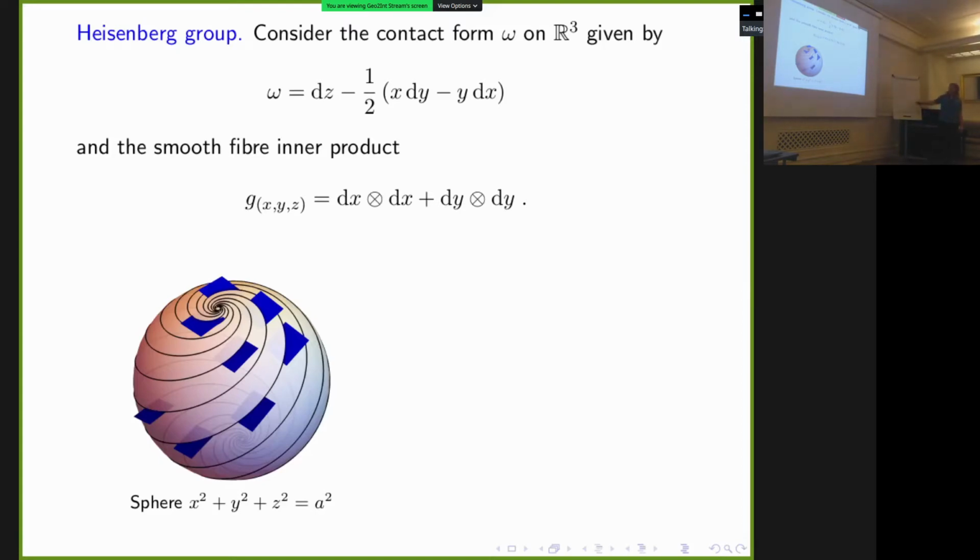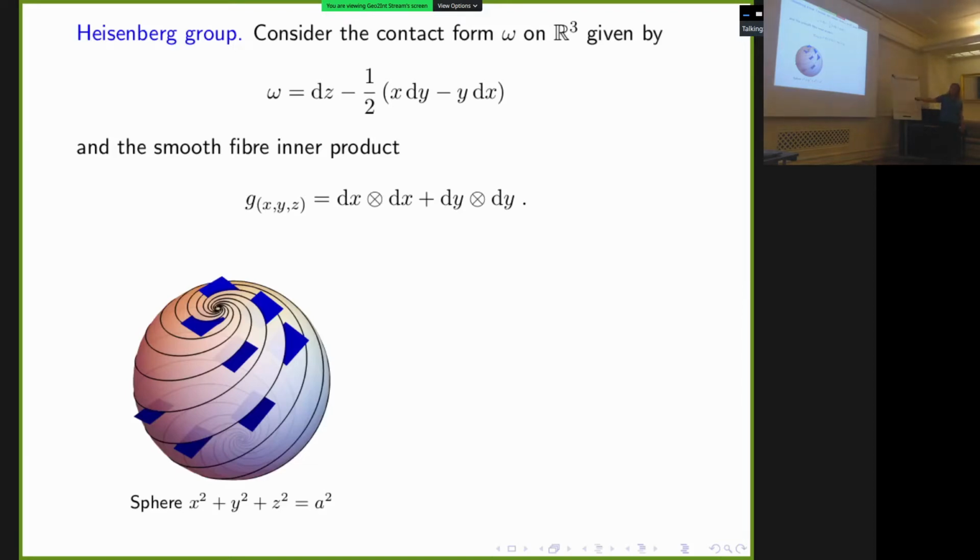This blue thing is the contact plane. Almost everywhere, the tangent space to the sphere and the contact plane intersect in a one-dimensional subspace, and this gives you a line foliation on this sphere.